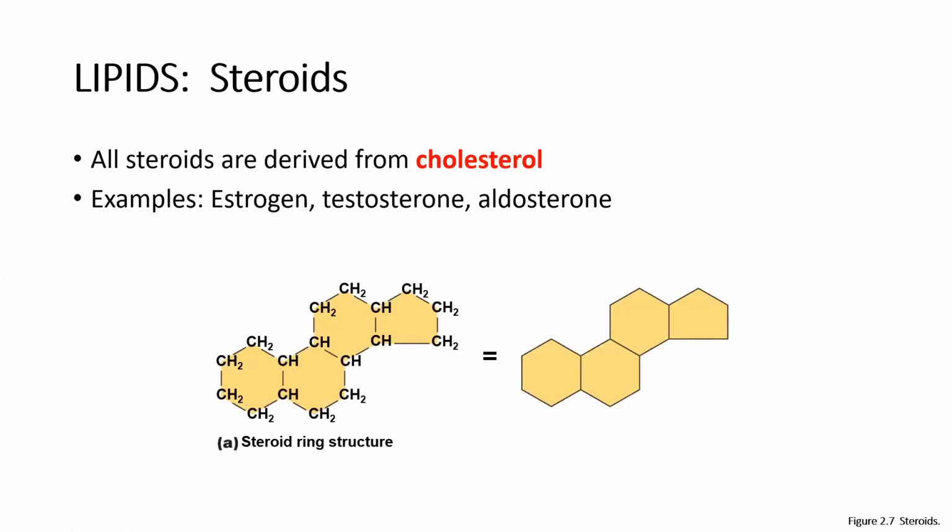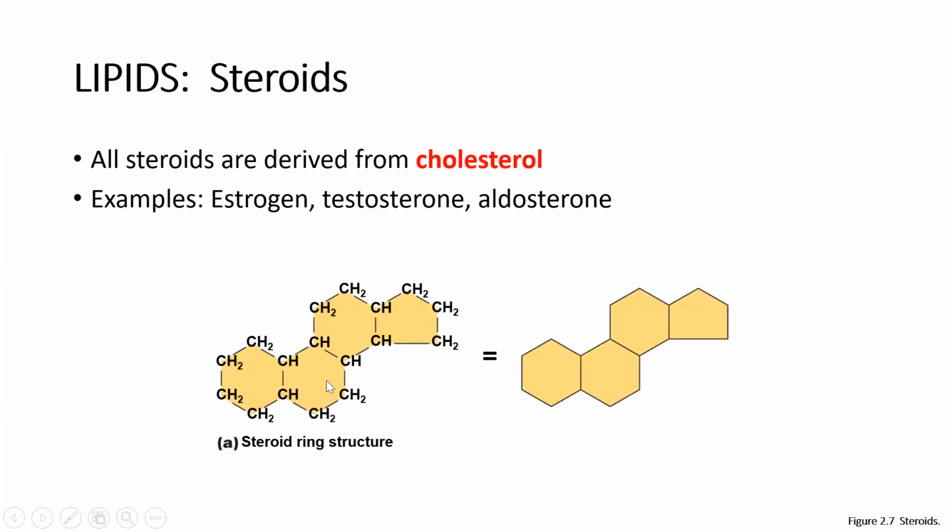It's also a main precursor for many important hormones in our body, things like estrogen, testosterone, aldosterone, vitamin D, thyroid hormone. A lot of our hormones are made mainly of cholesterol, which is one of the main steroids.